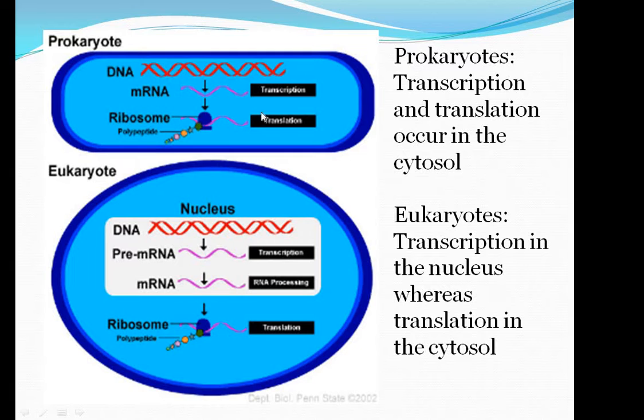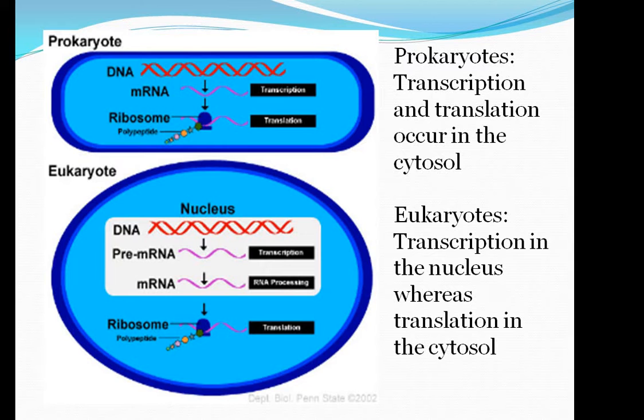This is the prokaryotic cell, the double helical DNA structure which undergoes transcription and forms the mRNA strand. At the same time, when the ribosome attaches to the mRNA, it translates it into protein. This is the polypeptide chain.